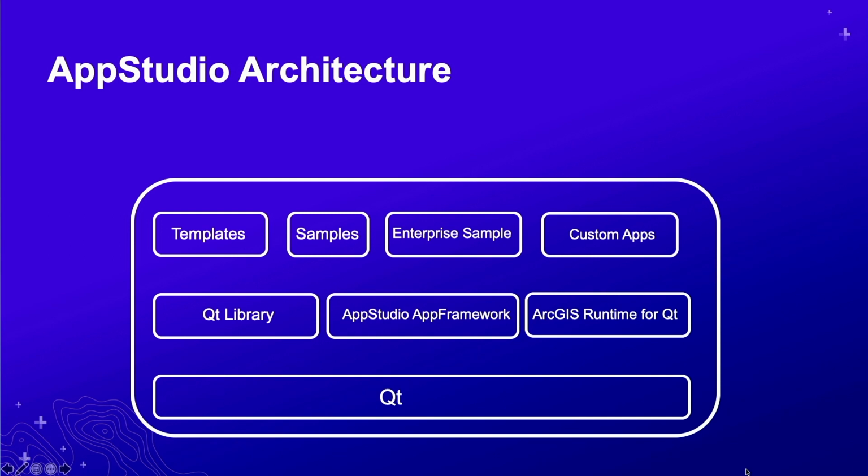And then we feel that between Qt library and Runtime Qt, there is a gap for you to be able to create a cool native app. For example, biometric technology, SQL, networking, and a lot of cool things that Sudesh is going to show you later on. And on top of that, we have a lot of template, sample, enterprise sample, and your custom app.